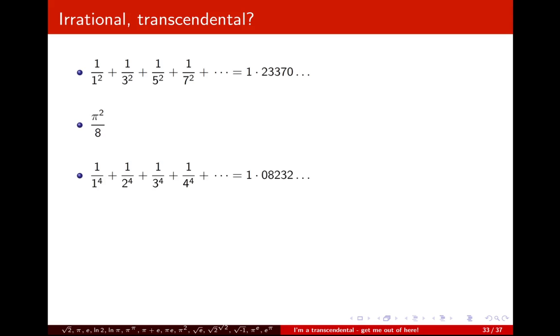What about raising the natural numbers to the power 4? Well, that's 1/90 times pi to the 4. That's also transcendental and irrational. And indeed, all series of the form shown where n is greater than or equal to 2 and even will give you a transcendental irrational number as an answer.